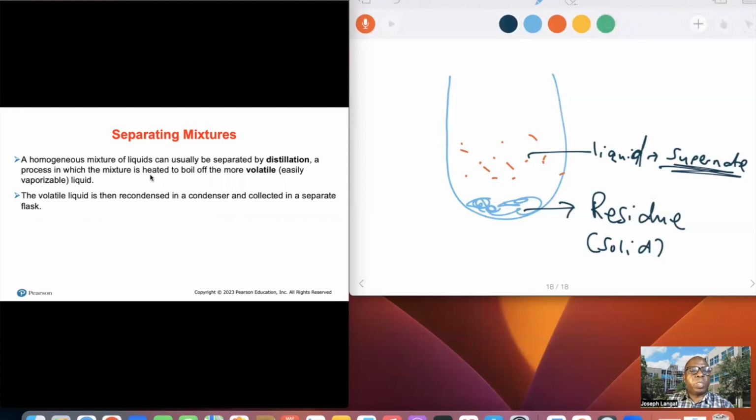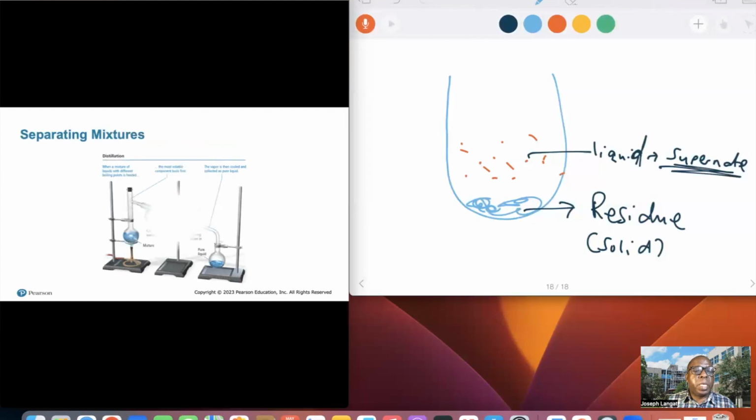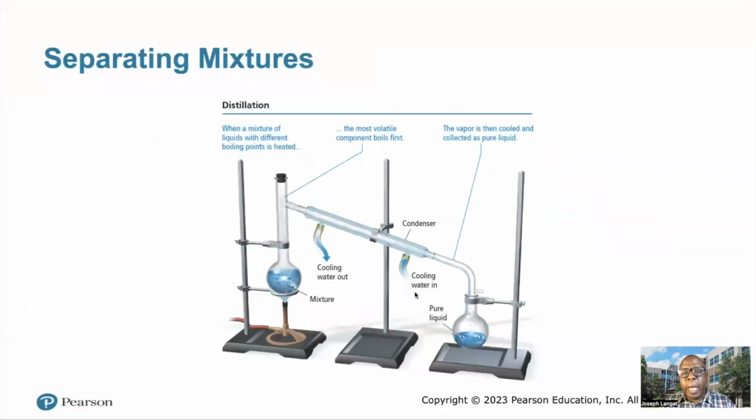And in this process, a mixture is heated to boil off the more volatile, easily vaporizable component. In this technique, this is the distillation apparatus where there is the inlet to let in the cold water.